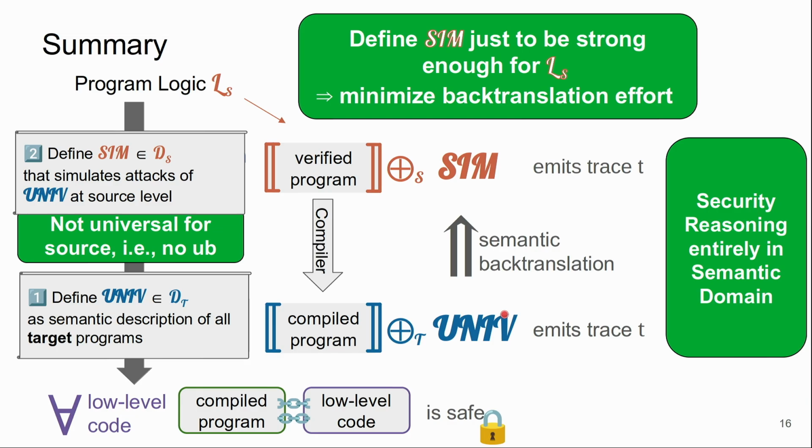For that, we define a universal contract for the target language that is then semantically back-translated to a simulator. This simulator does not need to be universal for the source language, which enables meaningful compiler security proofs, even if the source language is not secure and could, for example, even have undefined behavior.